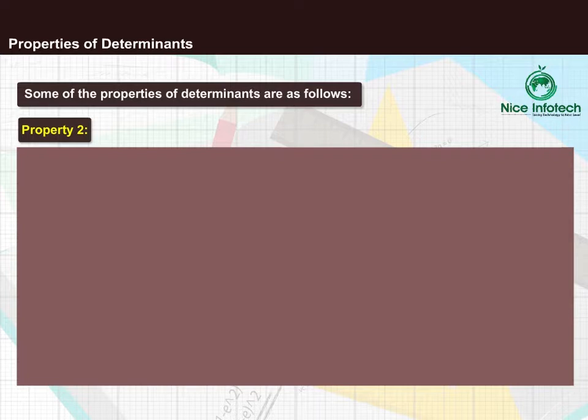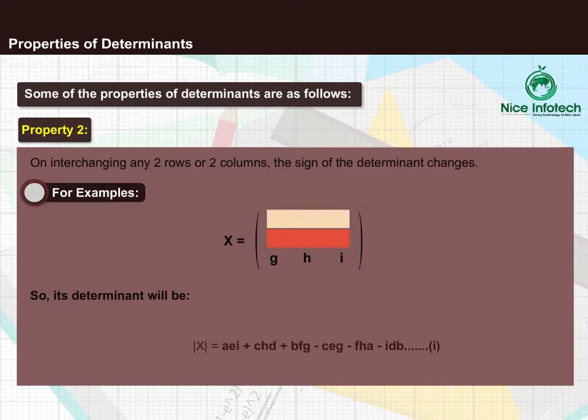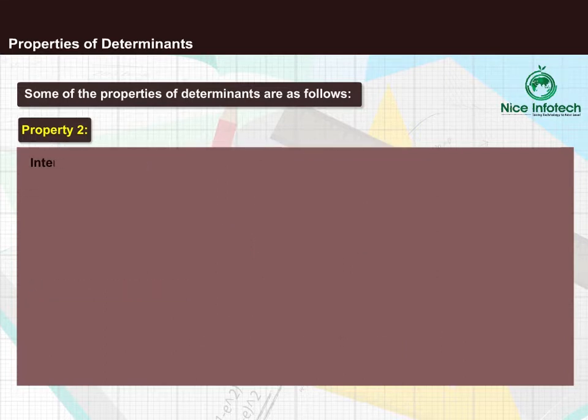Property 2. On interchanging any two rows or two columns, the sign of the determinant changes. For example, X is equal to, so its determinant will be given as X equal to, let it be equation 1. Interchanging first and second rows, we get X equal to.